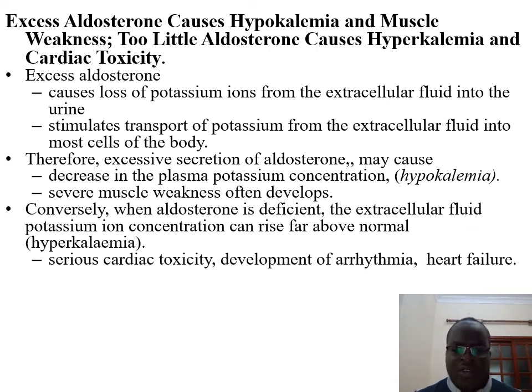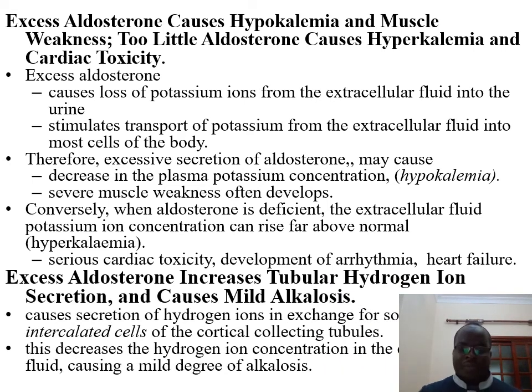Conversely, when aldosterone is deficient, the extracellular fluid potassium ion concentration can rise far above normal, which is referred to as hyperkalemia. Because now it's in deficiency, you're not exchanging potassium for sodium, so you're accumulating a lot of potassium, hyperkalemia. Serious cardiac toxicity, development of cardiac arrhythmia and heart failure can result.